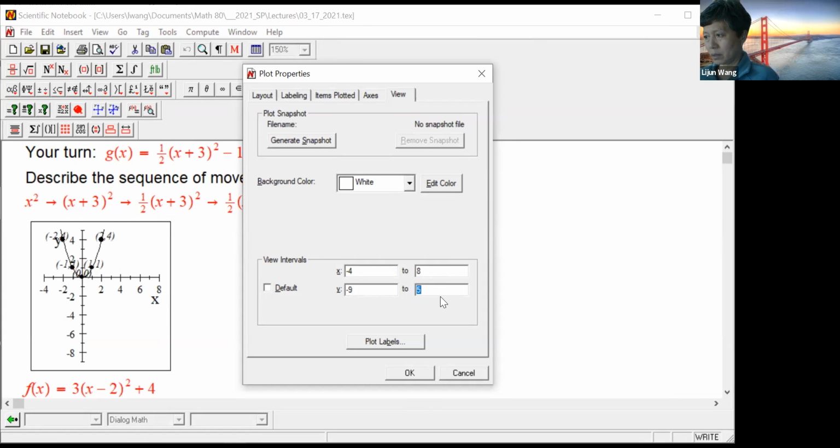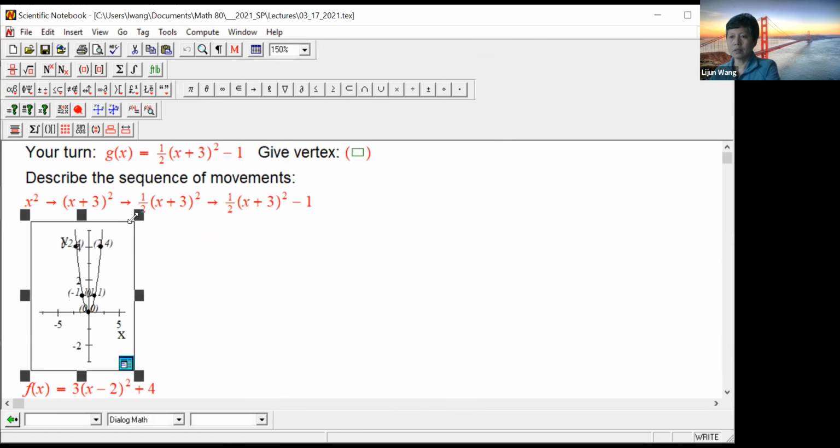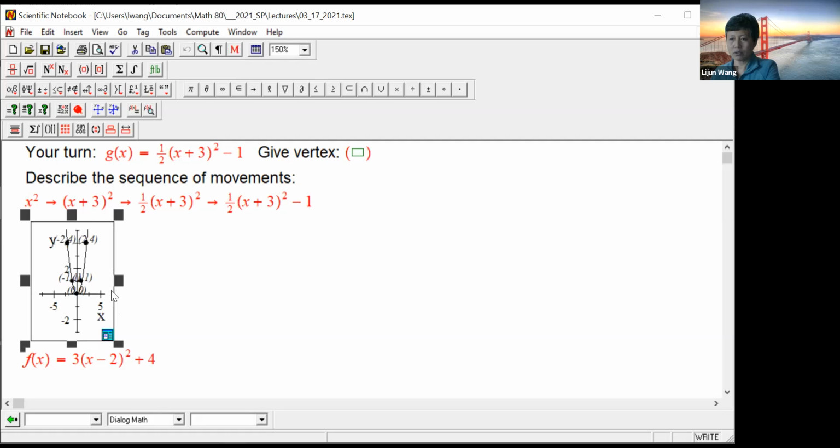Okay, make this -3. This is 5. This is -8. So I think this will be better. I made the adjustment so that it makes it easier to compare. I try to use the same scale.